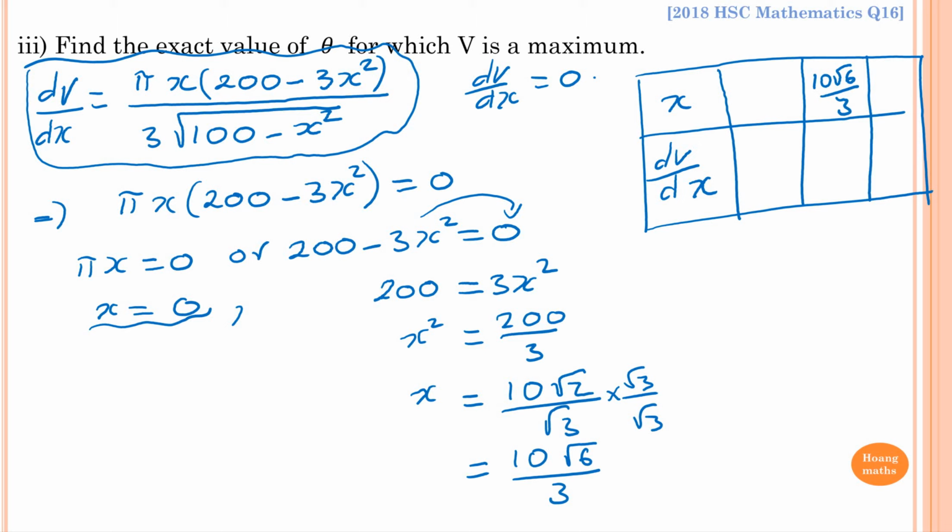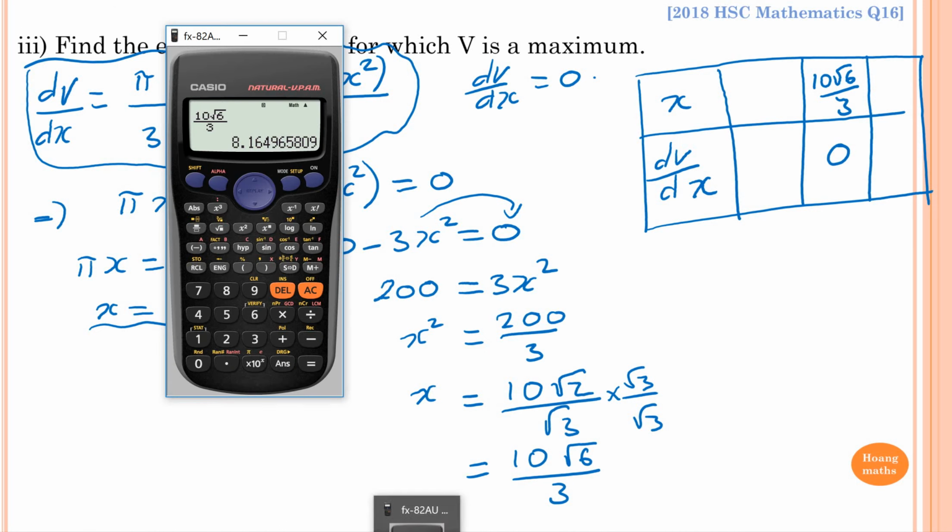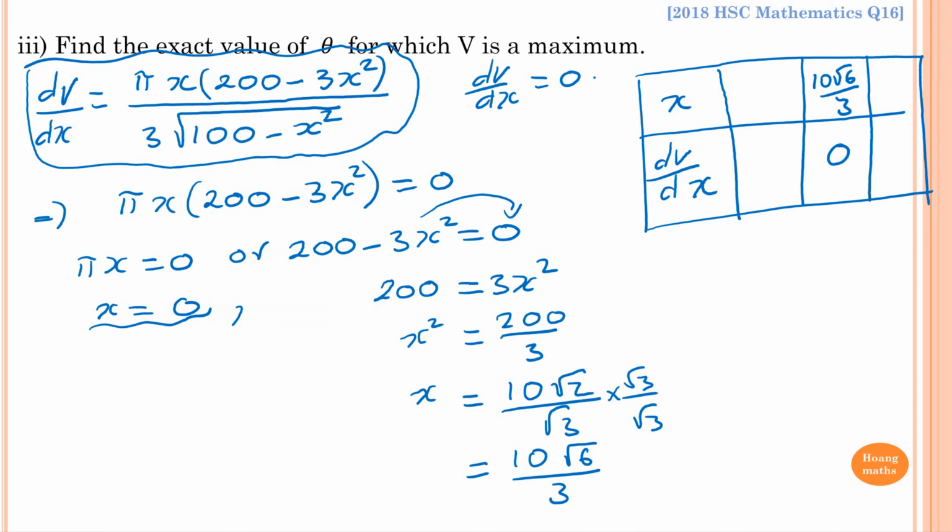Of course, if you substitute in dv/dx, it gives me 0 straight away. Then I just put this in a calculator. 10 root 6 is 8.16 and so on. So I just use the left of this, which is 8, and the right of this number is 8.5.